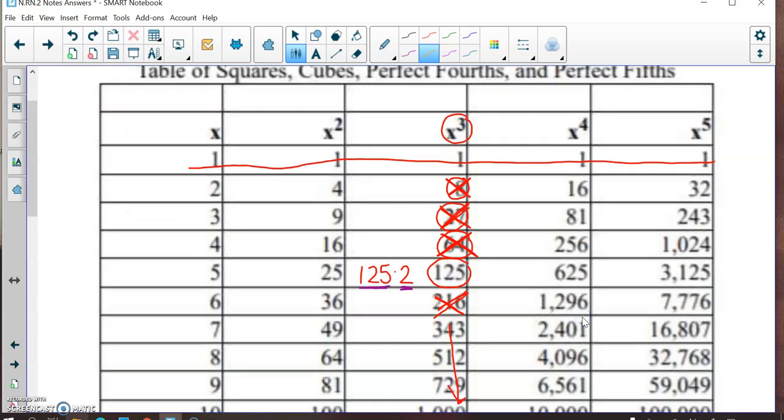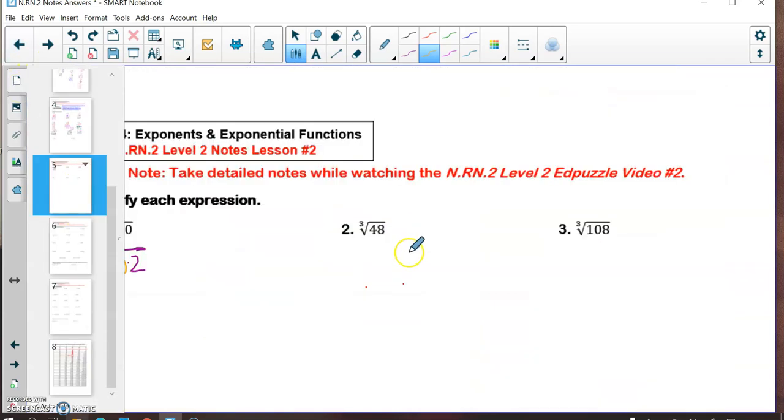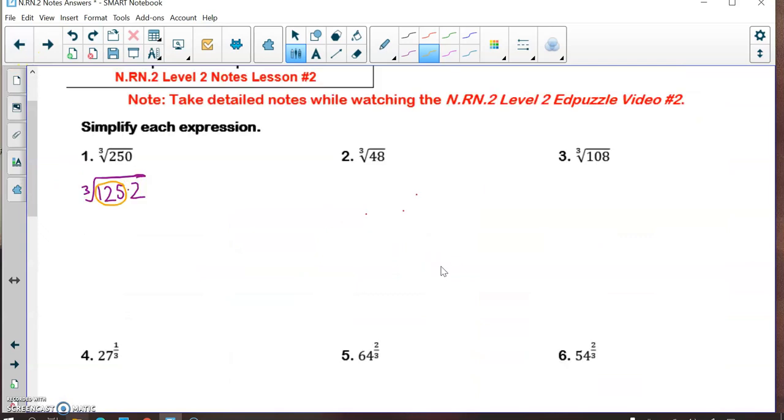The cubed root of 125, if we look all the way to the left, it has to be all the way to the left. The cubed root of 125 is 5. So I'm going to take a 5 out of my radical, and the 125 was taken care of, that disappears. And the 2 is going to stay under the radical because 2 is not a perfect cube and it does not have any perfect cube factors.